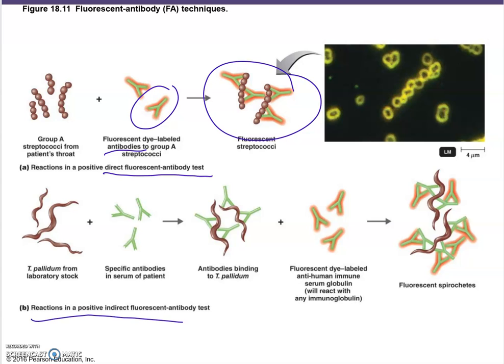In the indirect fluorescent antibody test, now you are taking here Treponema pallidum from laboratory stock.